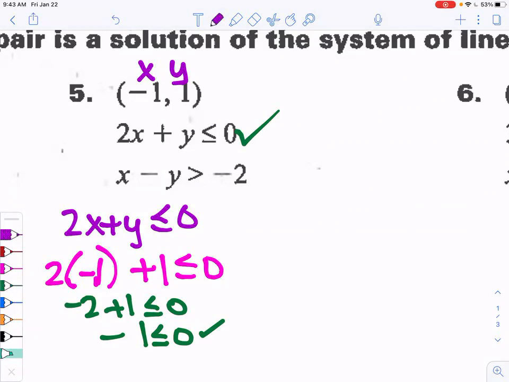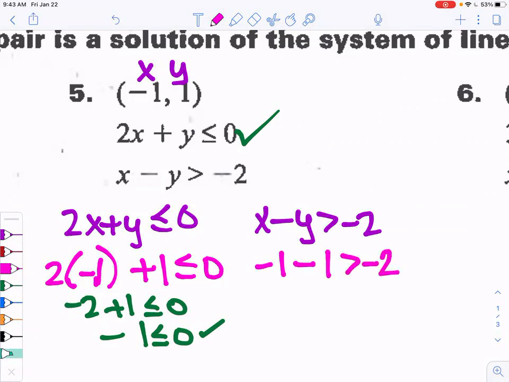It says x minus y is greater than -2. So we will plug in x, -1, minus y, so -1, and then greater than -2. Nathan, what is -1 minus 1? Yeah, -2.